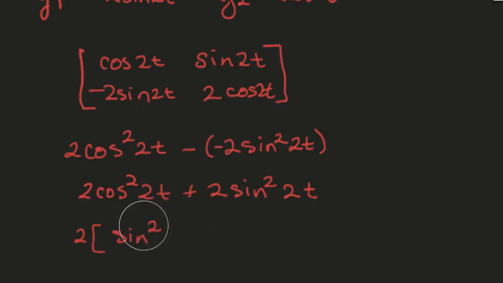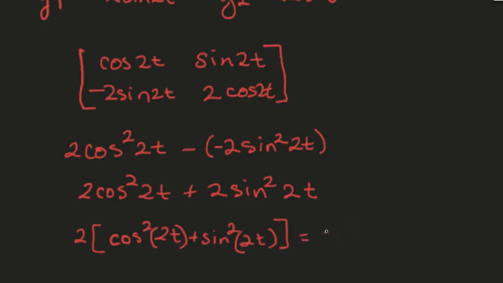Oops, changing the order there, sorry. And if you remember your Pythagorean identity, that sine squared plus cosine squared equals 1, or vice versa, cosine squared plus sine squared equals 1, this simplifies to 2 times 1, which is not equal to 0.